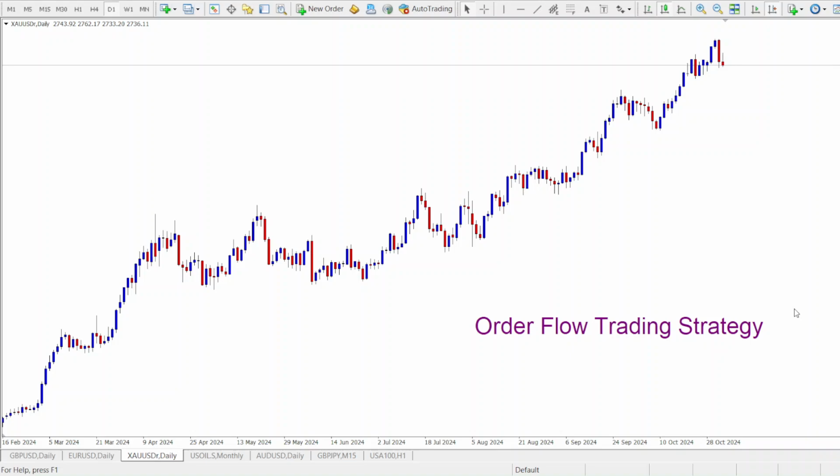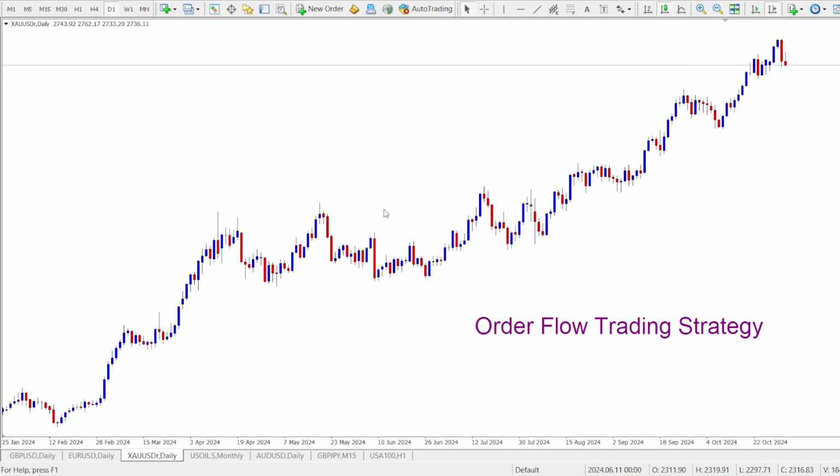So one thing with the order flow trading strategy is that it's not exactly the type that requires you to check for highs and lows on your charts, or a lot of indicators on your charts. This is basically looking at buy and sell activities in real time, and getting a clear picture of market sentiment.